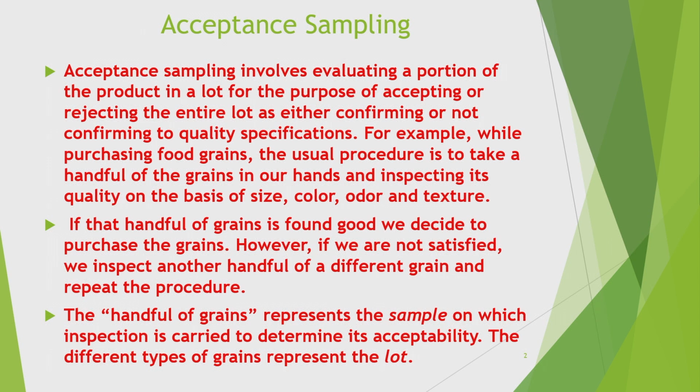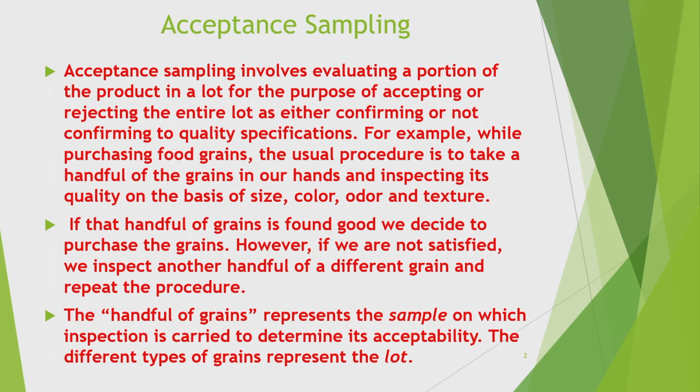It may not be practical to inspect all 5,000 items. So we just take some items, maybe 100 items, and inspect them. If the quality is found okay, then we accept the whole lot, and if we find many defects in the sample, then we reject the lot.